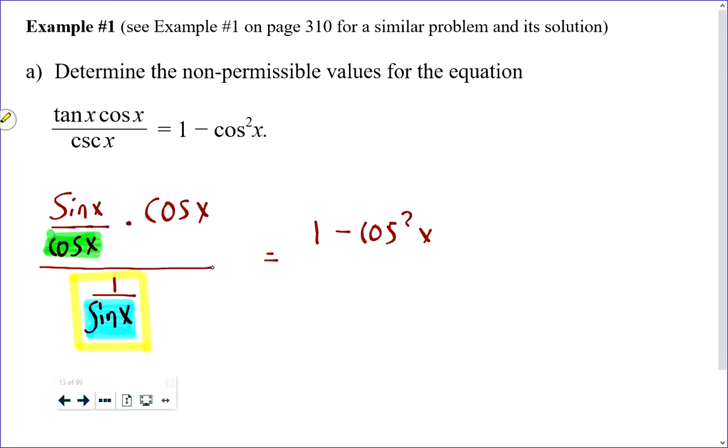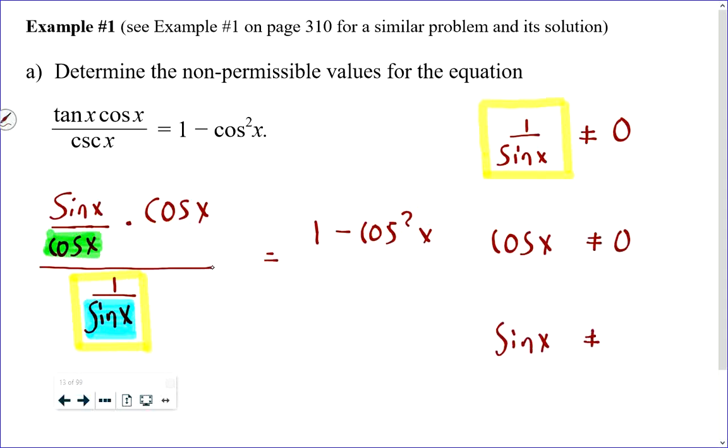So that means that 1 over sine of x is not allowed to be 0. It means that cosine of x is not allowed to be 0, and it means that sine of x is not allowed to be 0.